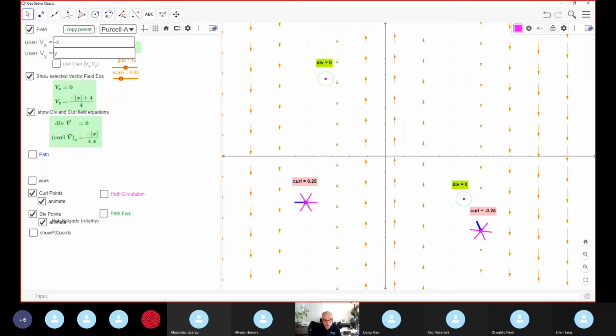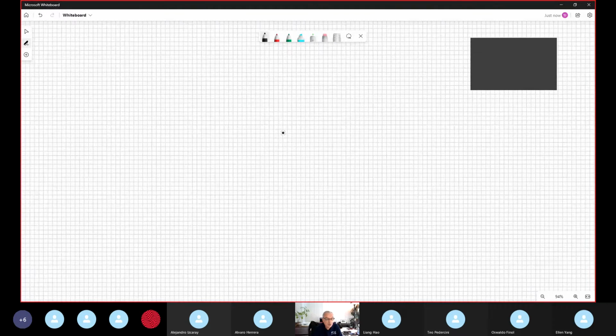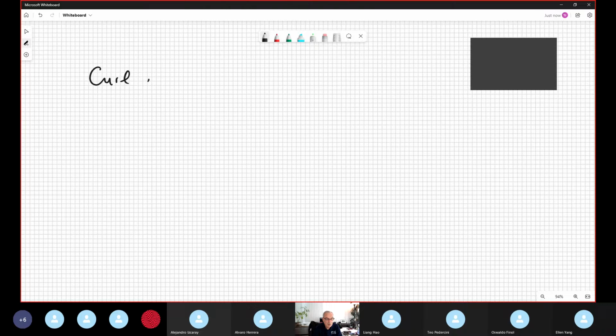No, what is the formula, professor, in 3 dimensions? Okay, 3 dimensions now. In 3 dimensions we have a vector field, so curl and divergence. This is the idea now, curl and divergence in 3D.